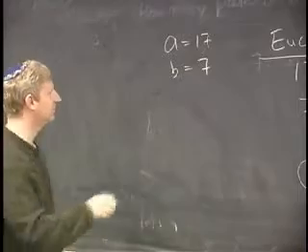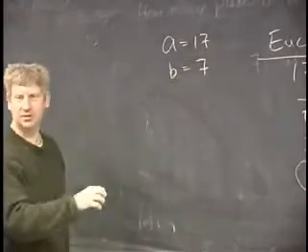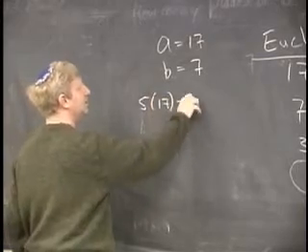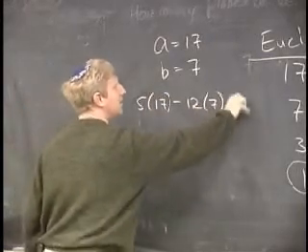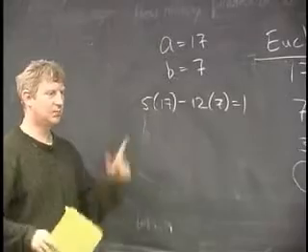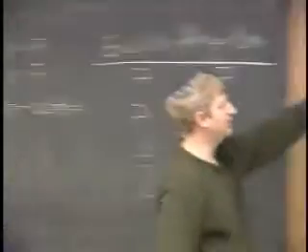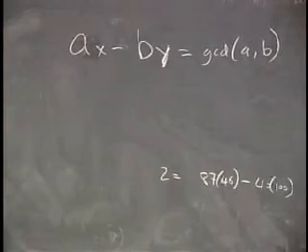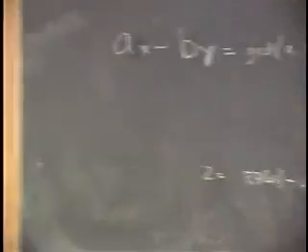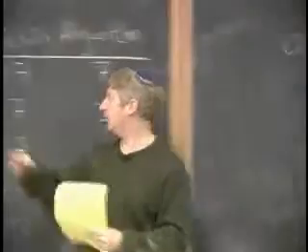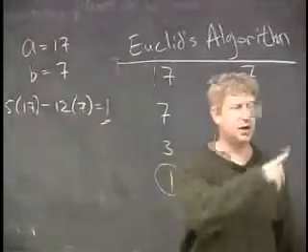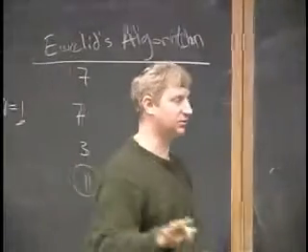So you got to do the other solution for me. What is it? 5 and 12. 5 times 17 minus 12 times 7. Remember we did both solutions there? So here we get 5 times 17 minus 12 times 7, and that equals 1. The greatest common divisor of 7 and 17. So when I write this down in general, I'm really thinking of this in particular. Now let's write down other solutions. In fact, we're going to write down all the solutions.